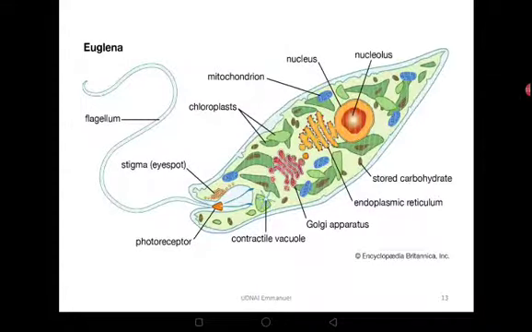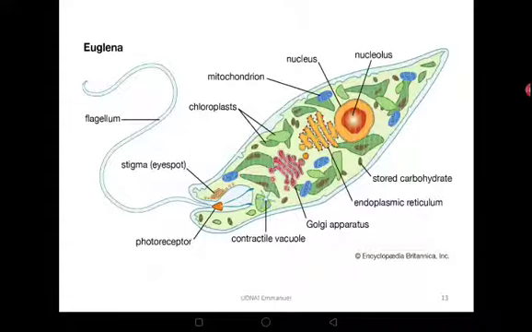Now, the euglena is majorly photosynthetic, and this is its structure. The body structure has those parts, and we can start from the flagella clockwise. So the flagellum is one, and many are called flagella. So that flagellum is used for locomotion.